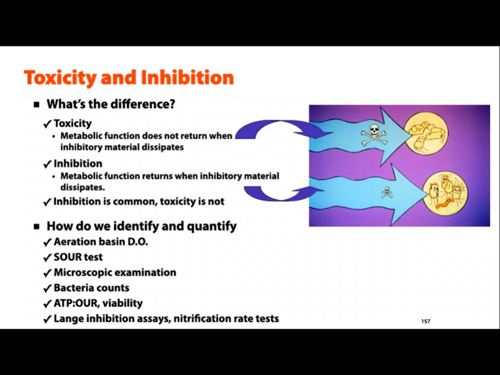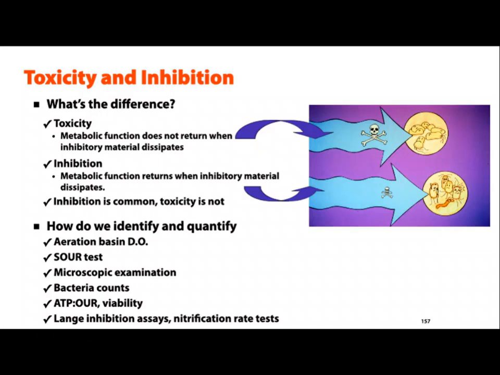If I can't find one, then I better go to a second level and say, is there something really impairing the biology? So there's a test that we call a specific oxygen uptake rate. Here we're going to go out and grab a sample of the mixed liquor out of the aeration basin, and we're going to measure the rate of oxygen uptake. We'll just ask the bugs, hey guys, how are you doing? Are you breathing? Right? And it's a 10-minute lab test.